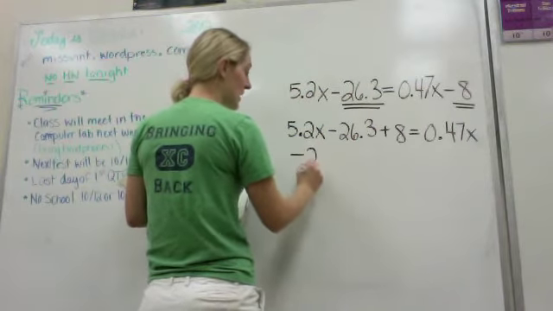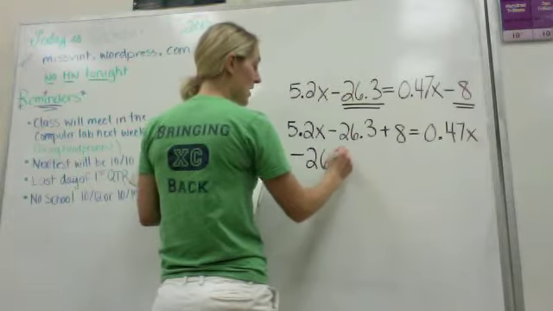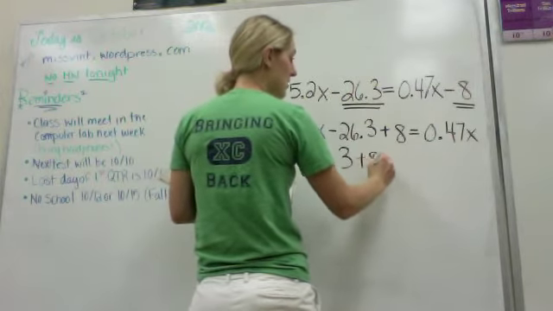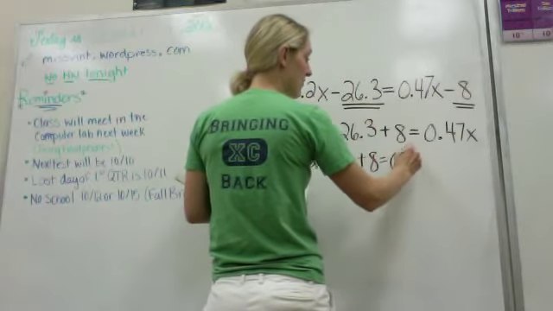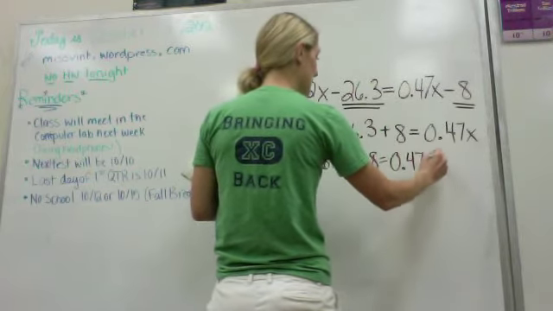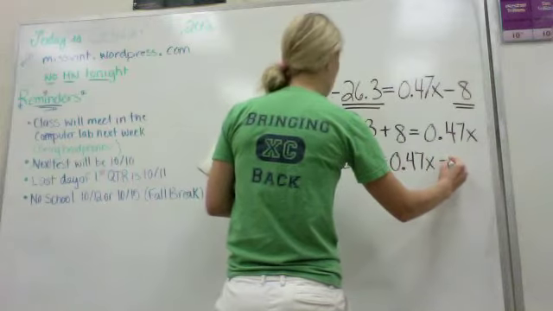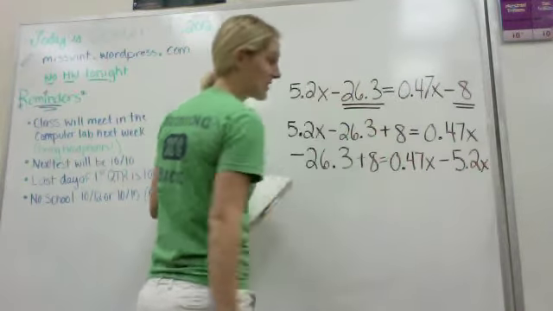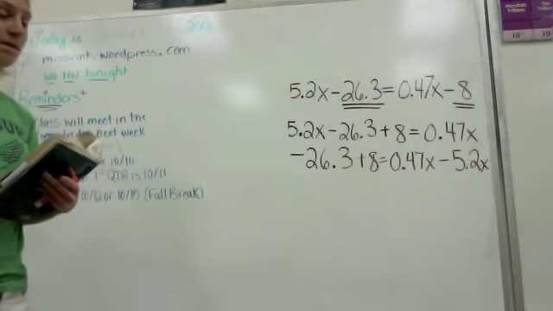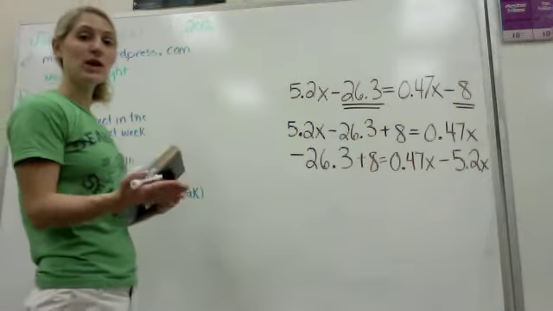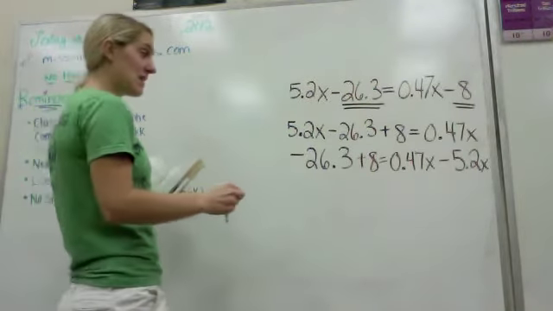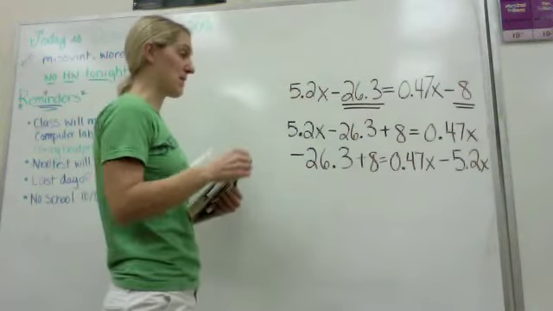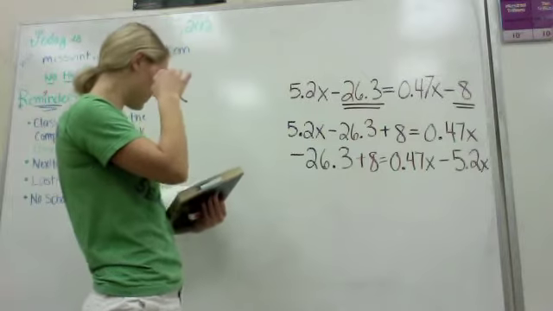So I'm still going to keep my negative 26 and 3 tenths plus 8 equals 0.47 times x minus 5.2x. So when you switch the side that the term is on, you switch the sign. It becomes the opposite number.